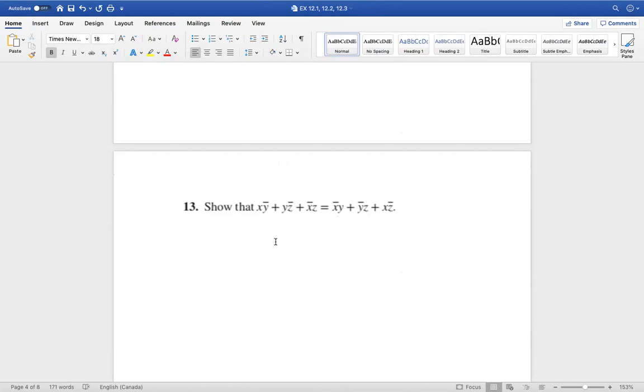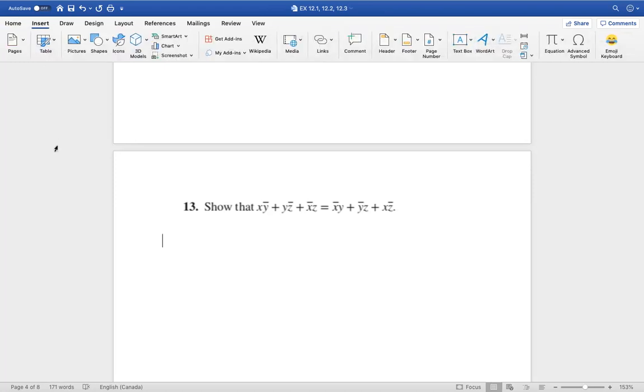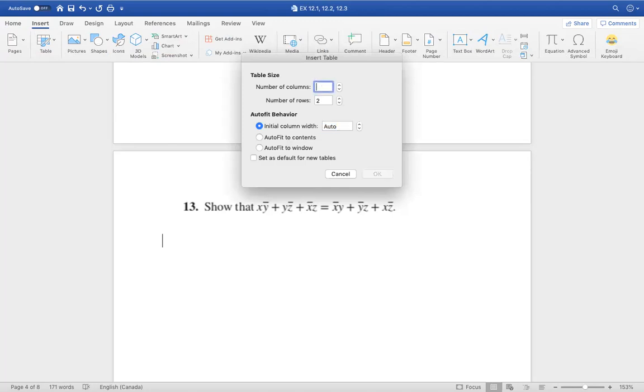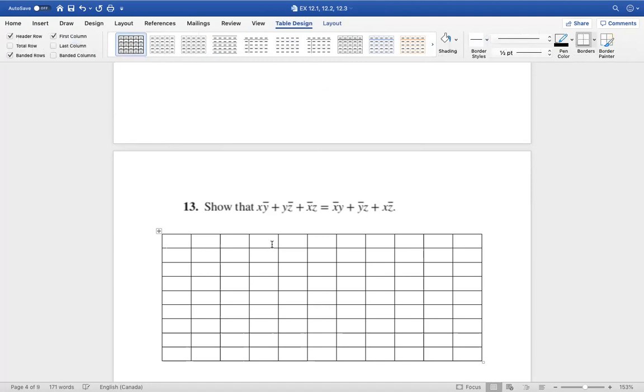We can do this using the table as well. So we can have a table here. We can have 11 by 9. All right.